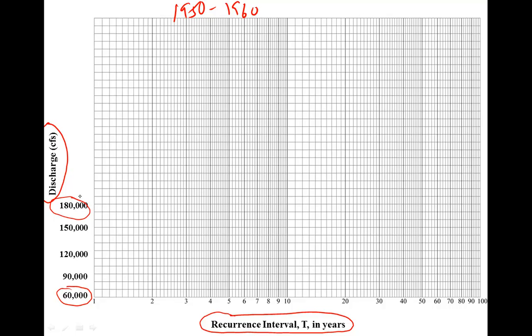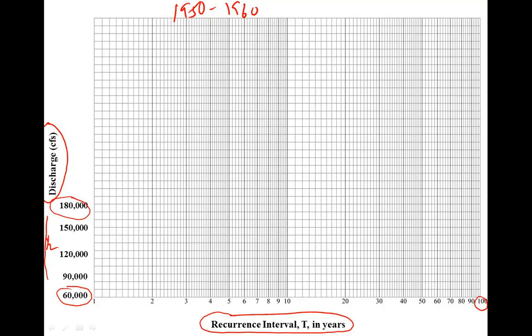And I've scaled the y-axis in such a way that I'm not filling more than about half of the y-axis, leaving myself room to extend my line all the way out to the 100-year discharge without going off the top of the page.